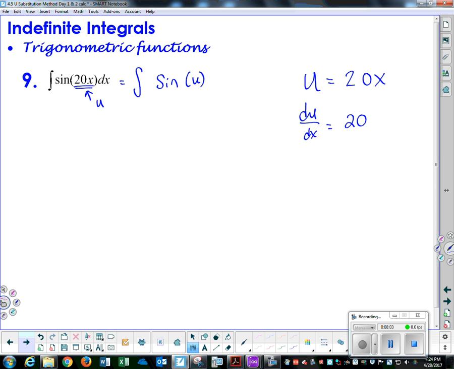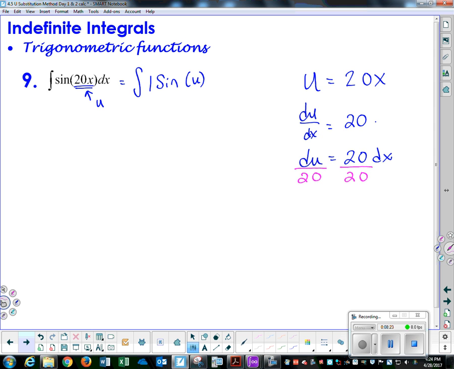I don't really need 20. All I need is a single 1. So first off, let's swing our dx, multiply it up and over so that we get the dx in a numerator. And now we said we really only want one of them, so let's divide both sides by 20. That's fair.